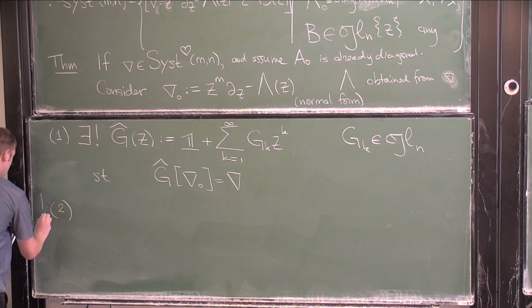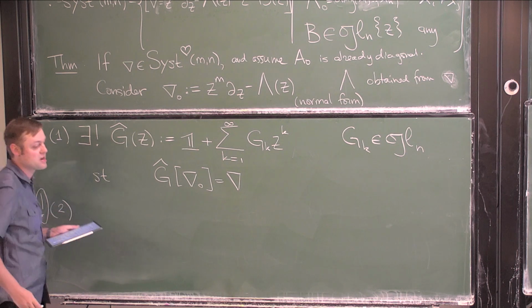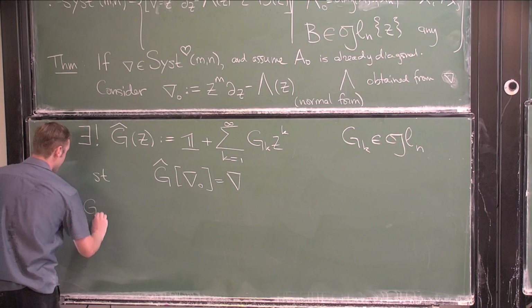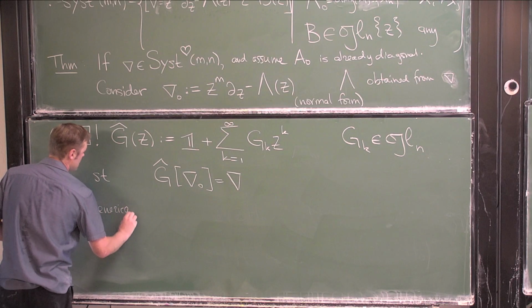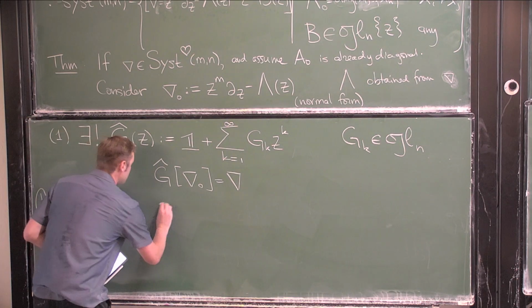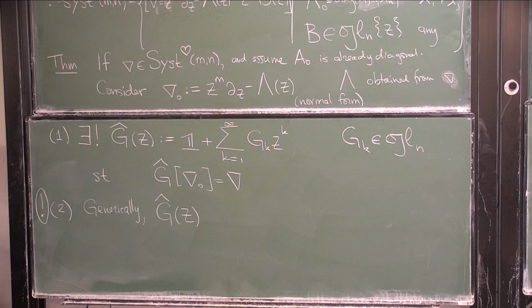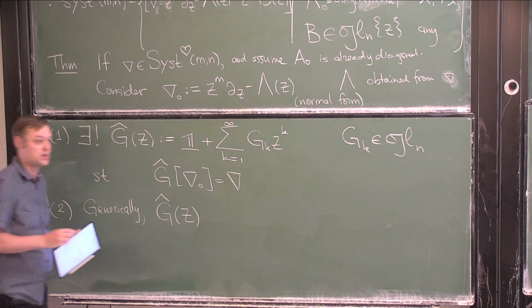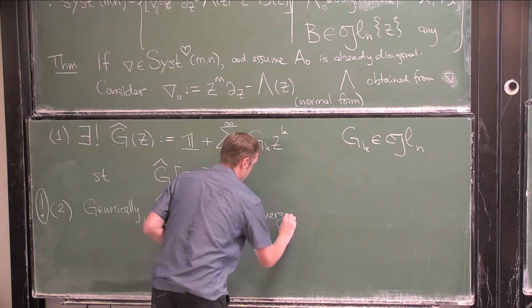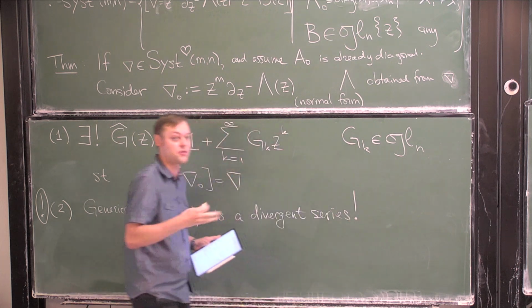This is a really, really important phenomenon that happens in this business. Generically, in other words, except in some really trivial cases, this power series in Z of matrices is a divergent series, meaning it has zero radius of convergence.